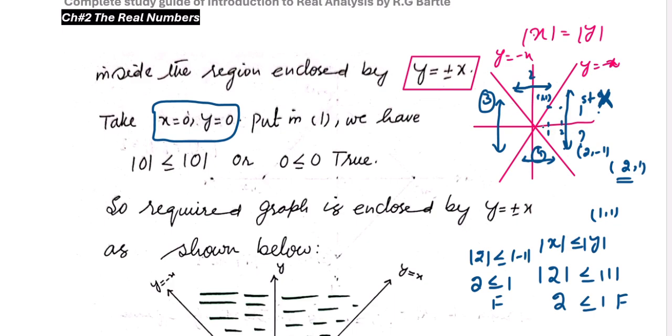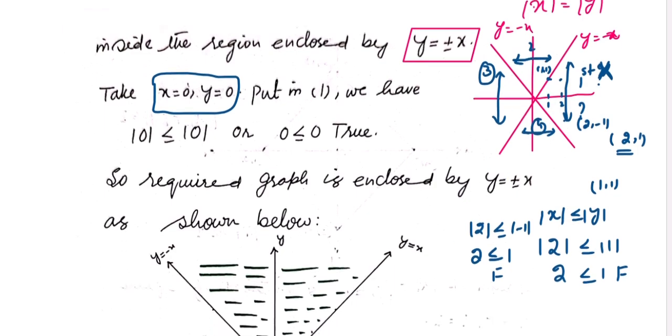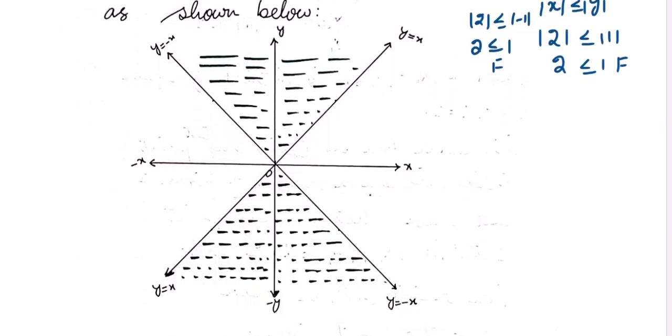So you can take different points from each of the regions and check which point satisfies the inequality. After observing, you will see that this is the required portion, the required graph given by this inequality absolute x less than or equal to absolute y, enclosed by the two lines y is equal to x and y is equal to minus x here.